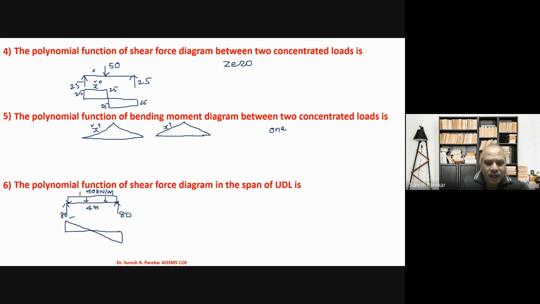Now if we write the equation for shear force, this is 80, then we have 40, and this is x. So what will be the equation? Shear force equals 80 minus 40x. The polynomial function is 1.